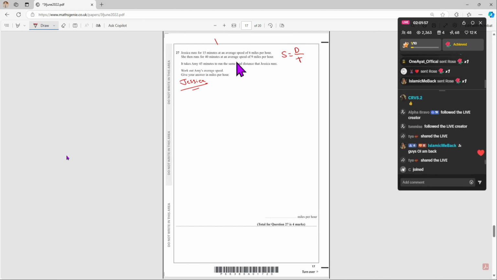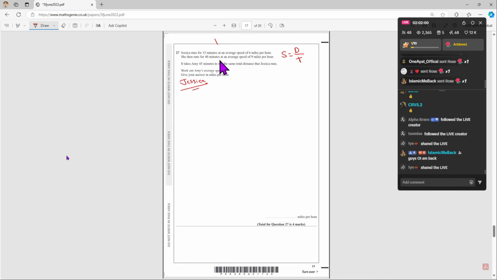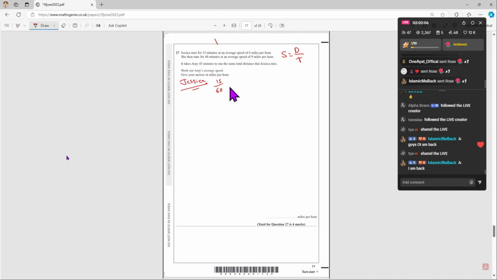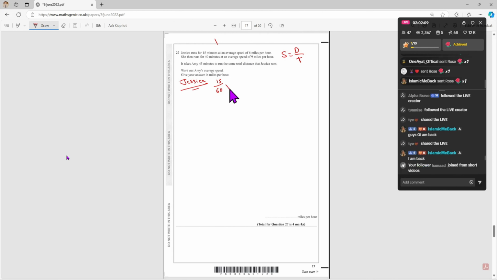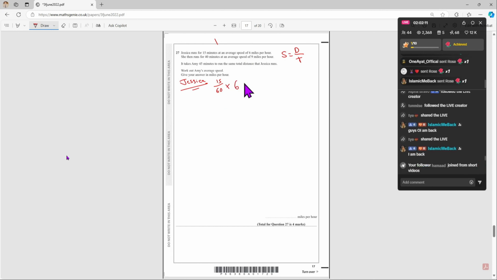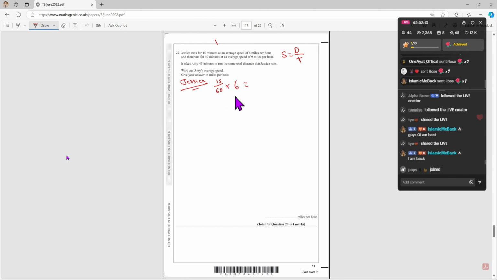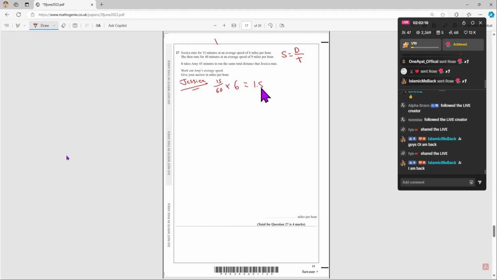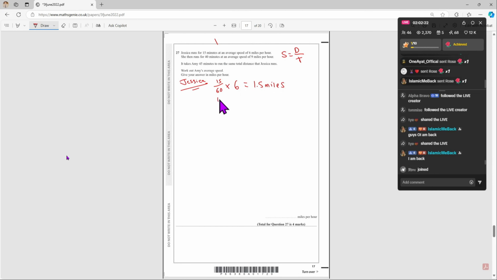The first part was 15 minutes, so the time in hours is 15 over 60, times its speed of 6 miles per hour to work out the distance. You will get 1.5 miles traveled in the first part. In the second part of the journey, 40 over 60 times 9 miles per hour, you will get 6 miles distance traveled.